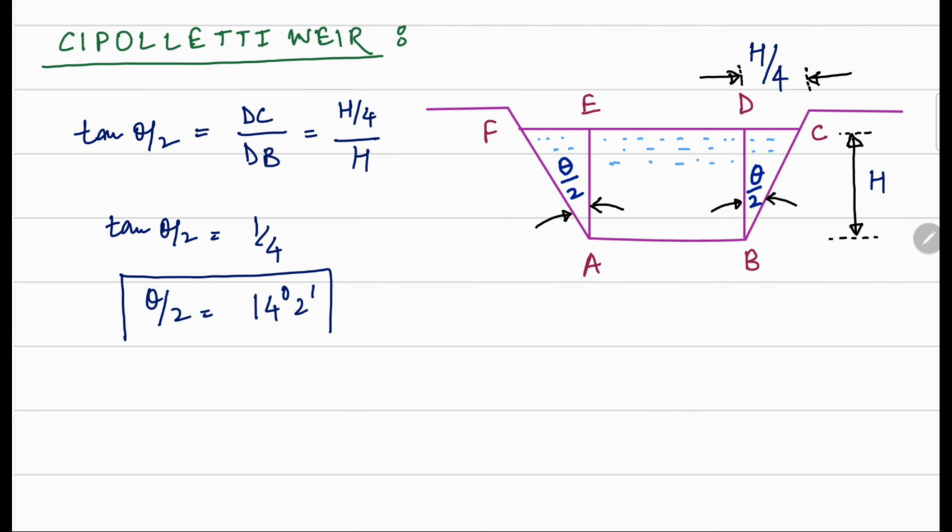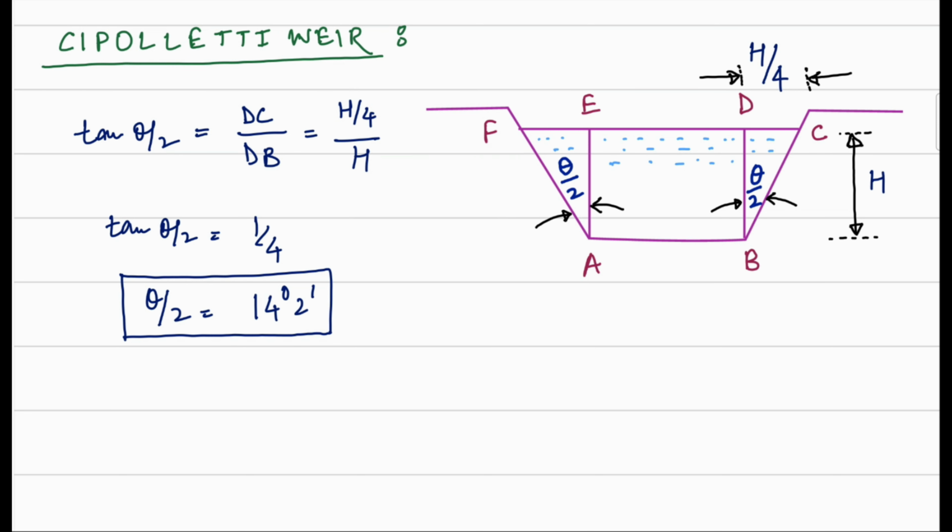So that is the slope which is provided on both sides of the trapezoidal weir, and by providing this kind of slope, an increase in discharge through the triangular portions AEF and BDC of the weir is obtained. If this slope is not provided, the weir would be a rectangular one, and due to the end contraction the discharge would decrease.